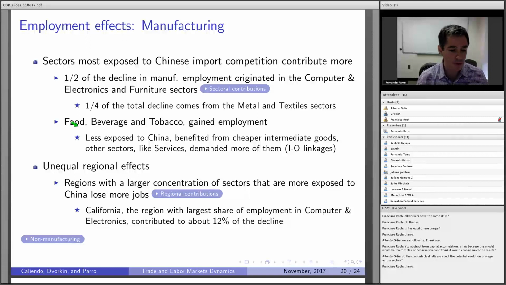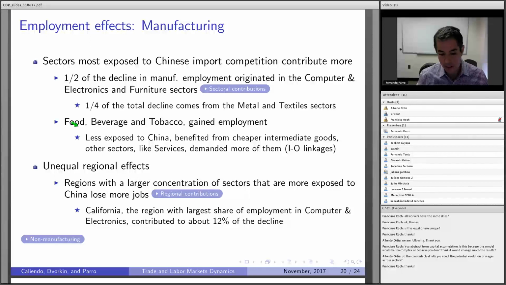So what is the intuition? Remember that computers and electronics is a sector with a very high exposure to China, and most of the production and employment in computers and electronics is concentrated in California. California concentrates about 20% of total US employment in computers and electronics.